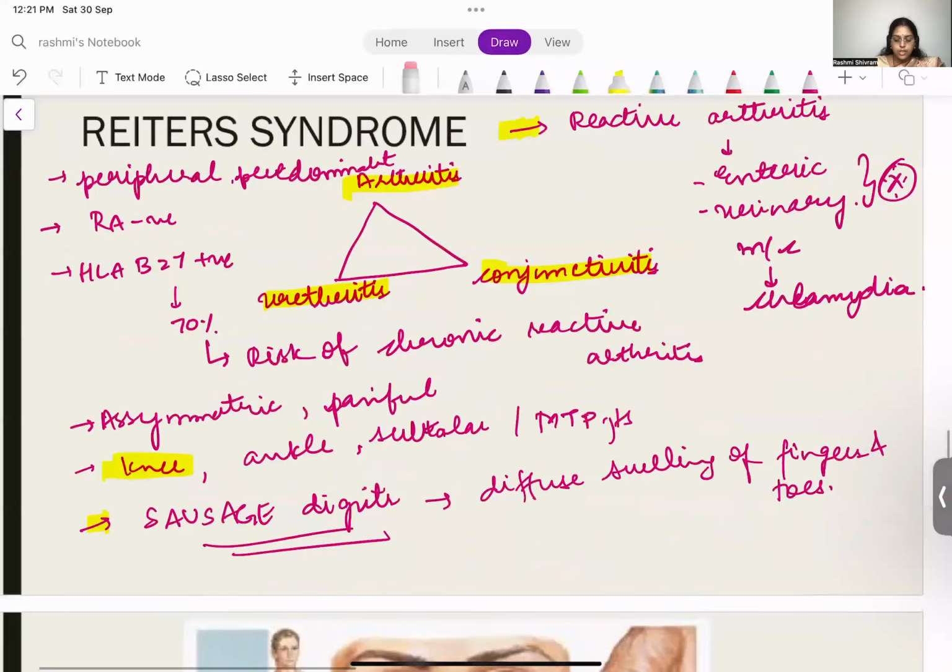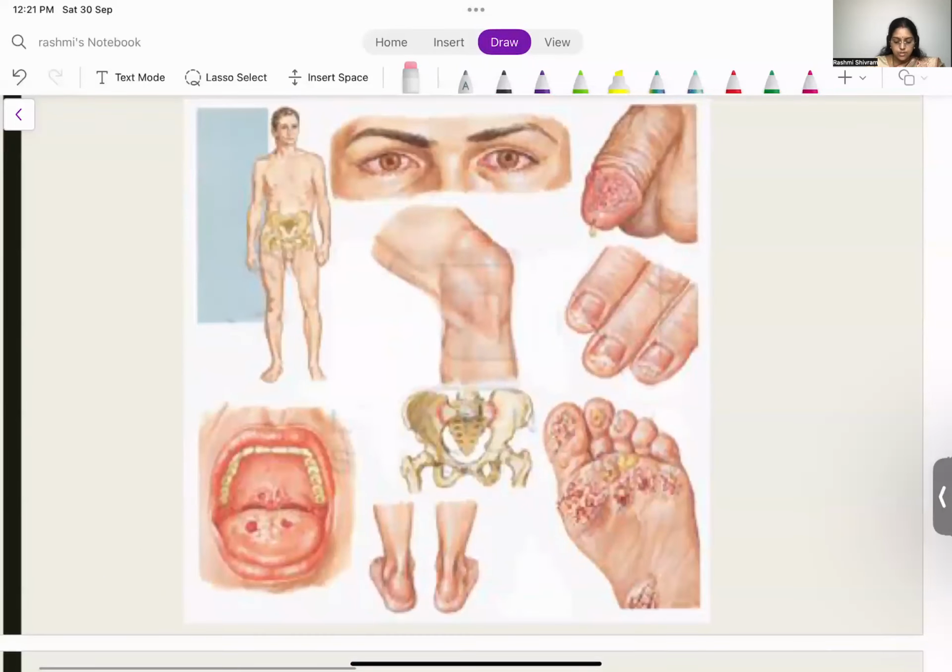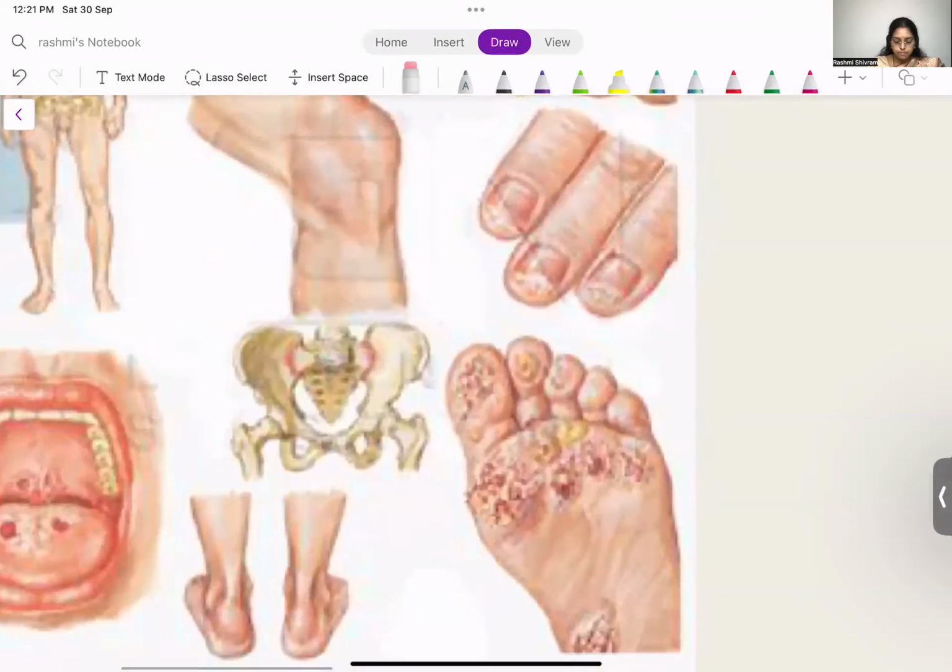This also has some extra-articular manifestations, and a few are named which you must remember. You can see here there are lesions on the palms and soles of the feet, with a lot of hyperkeratotic lesions. What is this called?